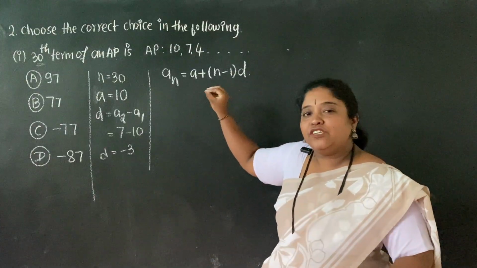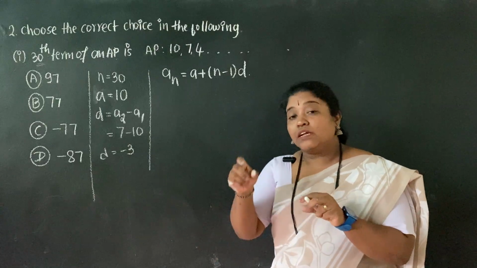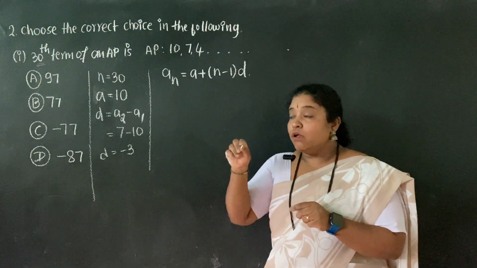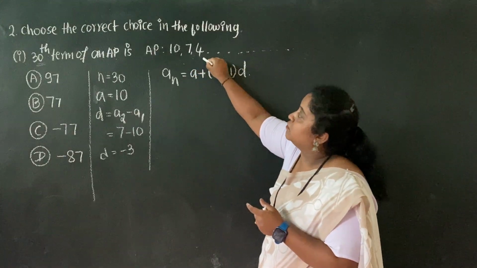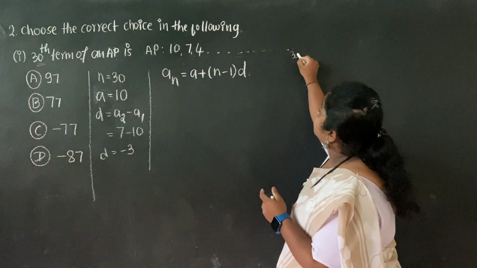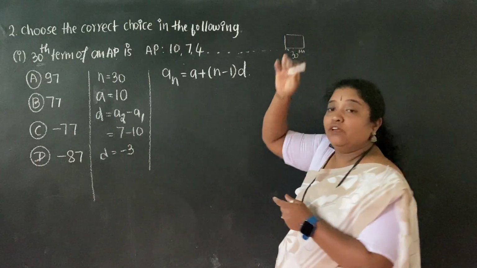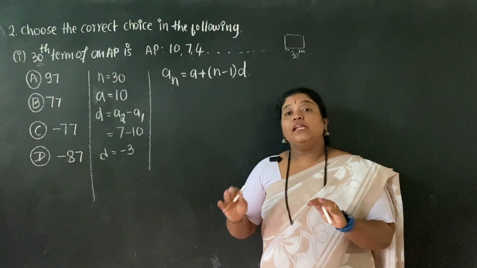Now, dears, I'll substitute the values to get the An value. They have asked you to calculate the 30th term value. Suppose this is a continuation: the first term, second term, third term, like that up to the 30th term, and that 30th term value you need to calculate. Understand the question properly first.